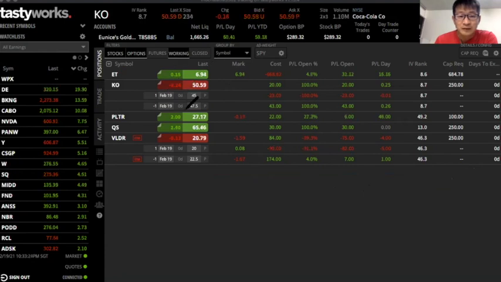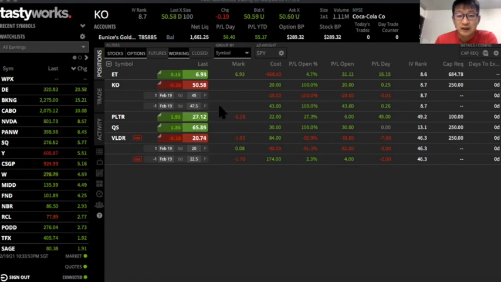It's because I have a lot of safety margin, so I want it to expire worthless, and it will be calculated by itself on the next day by Tastytrade. If I do take any action today, let me clear this up. If I want to close, I will close only the selling put, which is the 47.50.